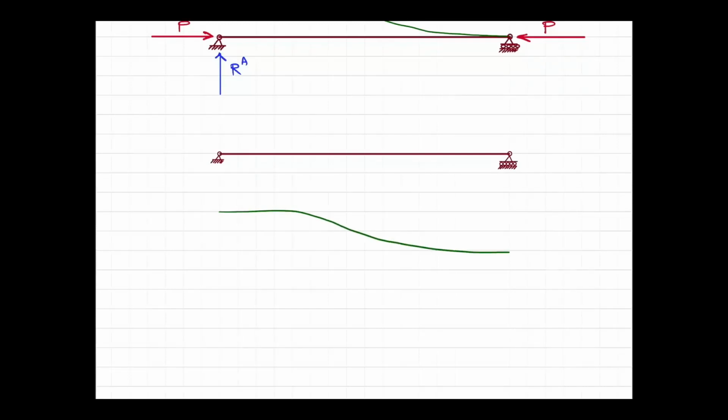Okay, not satisfactory for me. Sorry, I cannot let this go. Okay, and then I scale it out.